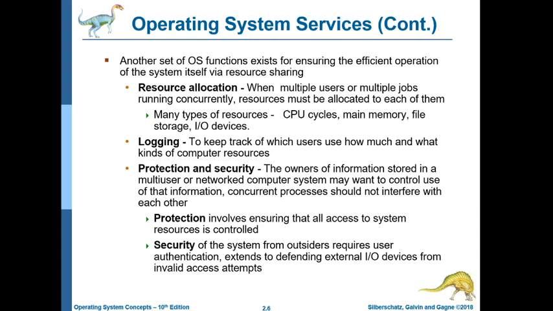Mostly at the lower level, there are things like resource allocation. The operating system has to decide how CPU resources are used, how memory is used, where storage and files are kept, and how we access the hard disk and other IO devices.